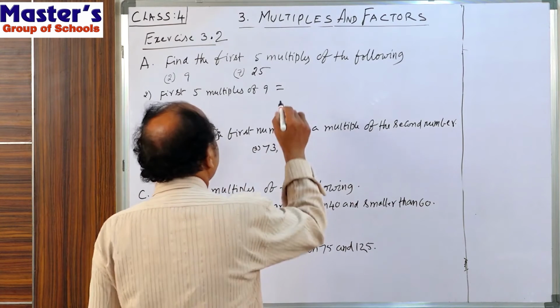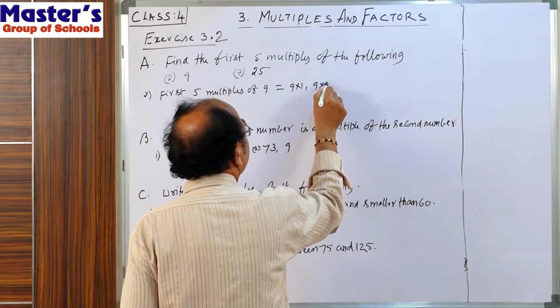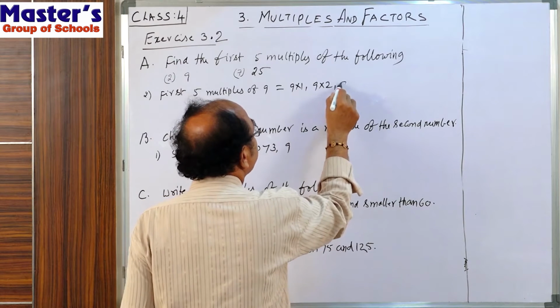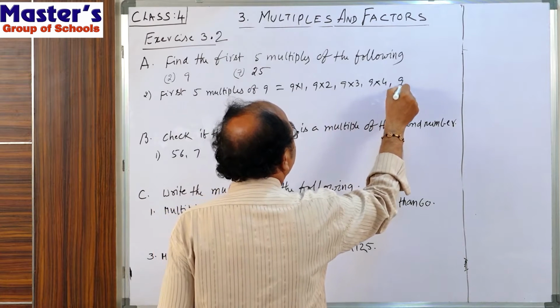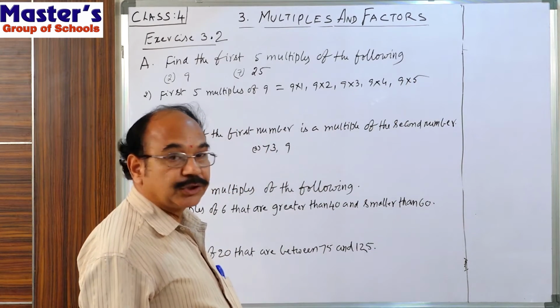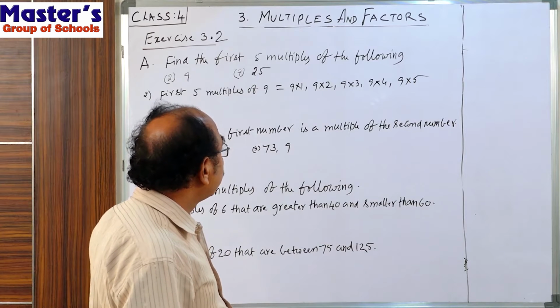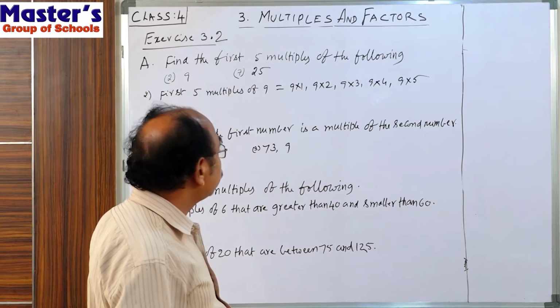So here 9 is to be multiplied with 1, 9 with 2, 9 with 3, 9 with 4, 9 with 5. Like this, if we multiply with 1, 2, 3, 4, 5, then we get the first 5 multiples of 9.